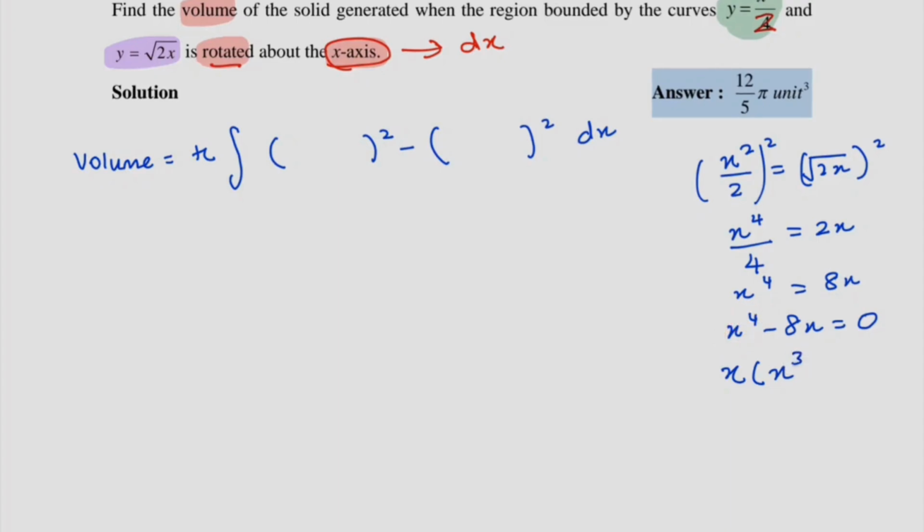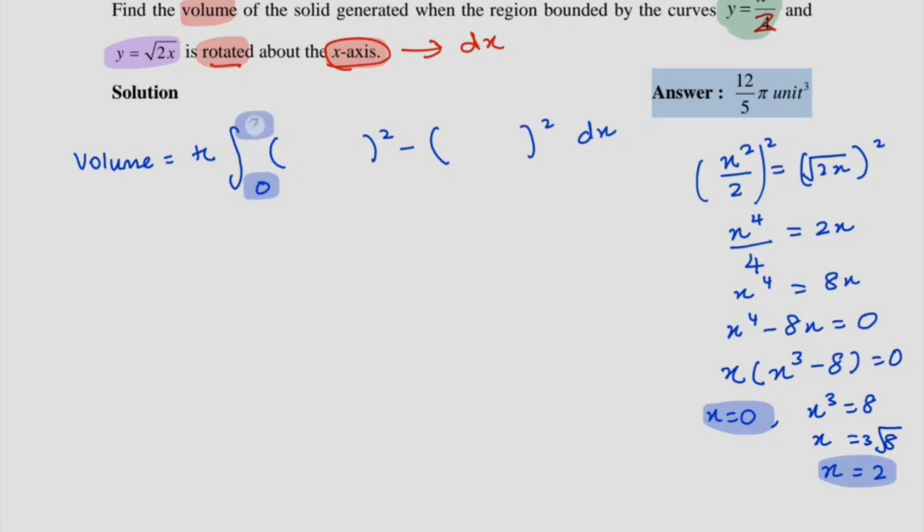So what's left is x cubed minus 8 equal to 0. So x is equal to 0 and x cubed is equal to 8. So this means x is cube root of 8, which is 2, positive. So we have two values of x, which are 0 and also 2. Those two values would be our limits, the smallest number 0 and the largest number 2.